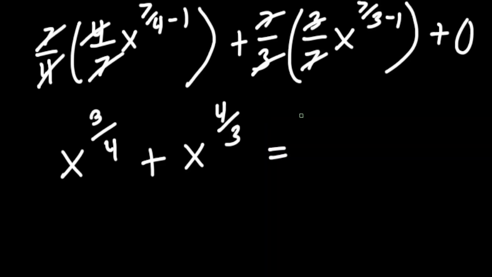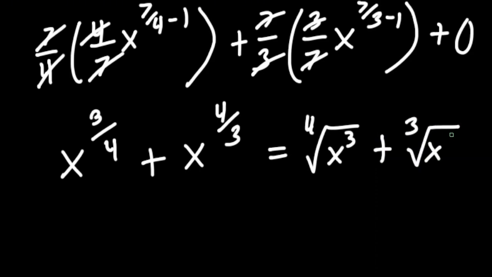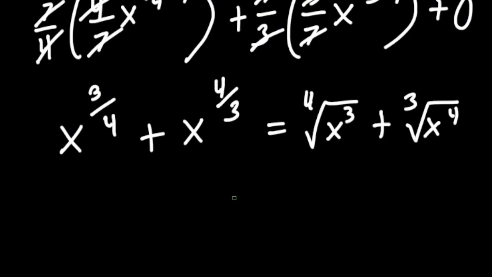And from our original problem, it is the fourth root of x cubed plus the cube root of x raised to 4. So how is this equal? Again, from our earlier rule, the laws of exponents, an exponent can be transformed into a radical.